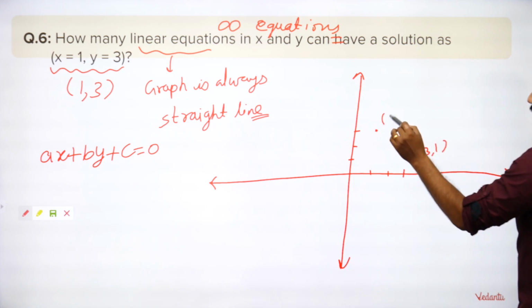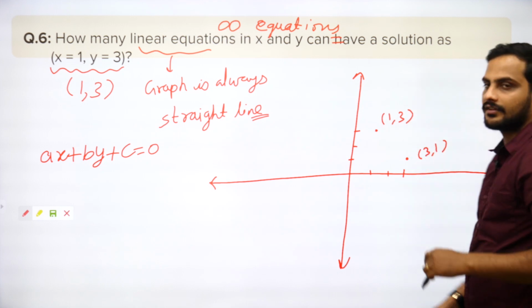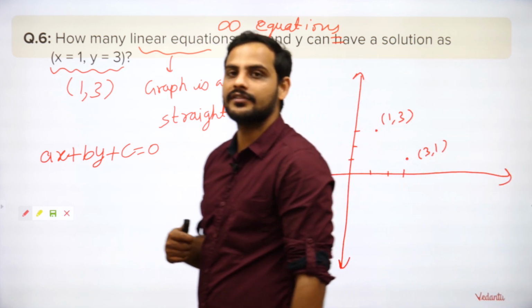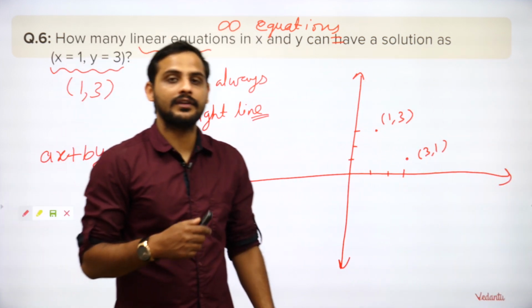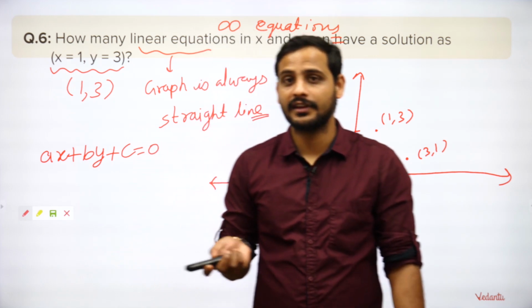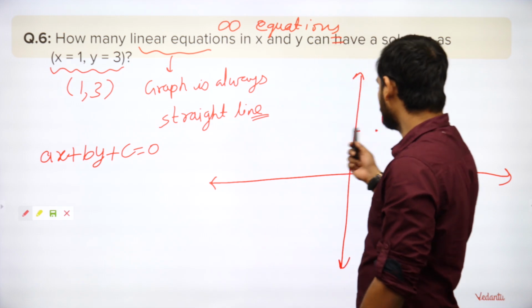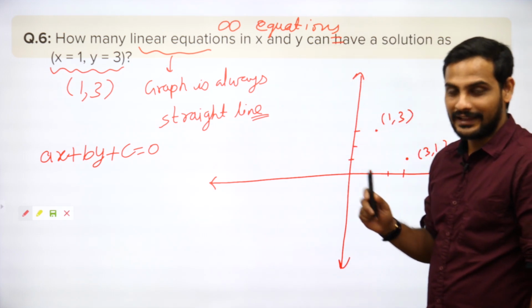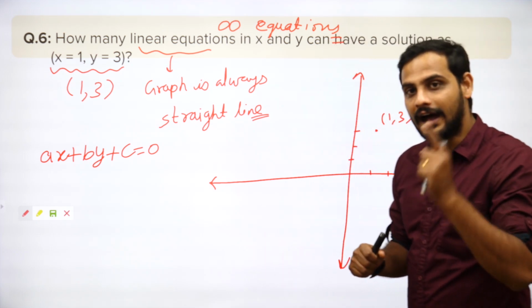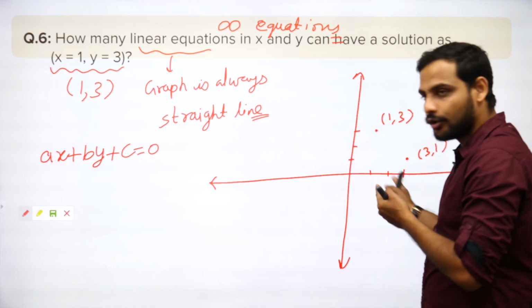Now tell me, children, how many linear equations in 2 variables x and y can pass through both of these points? The graph of that equation has to pass through both of these points.